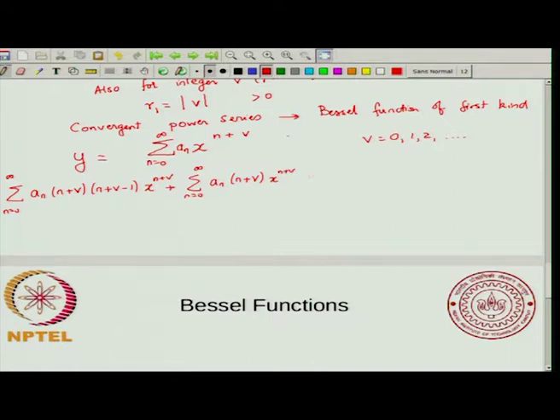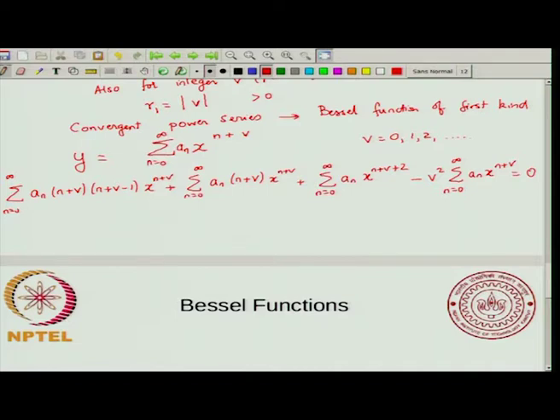These come from the first two terms, and then you have an x squared term: the sum over n equal to 0 to infinity of a_n x raised to n plus v plus 2. And then you have the minus v squared term: minus v squared times the sum over n equal to 0 to infinity of a_n x raised to n plus v, equal to 0. So this is the general solution.